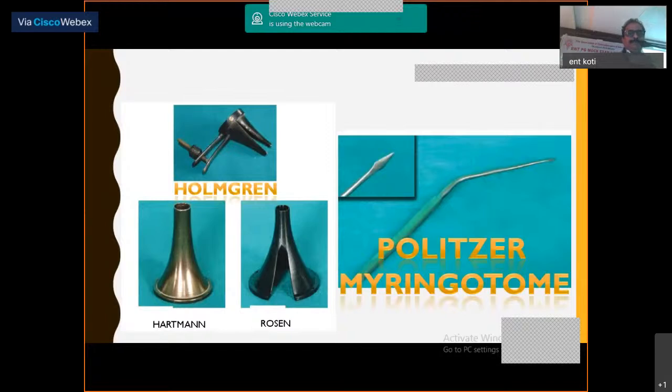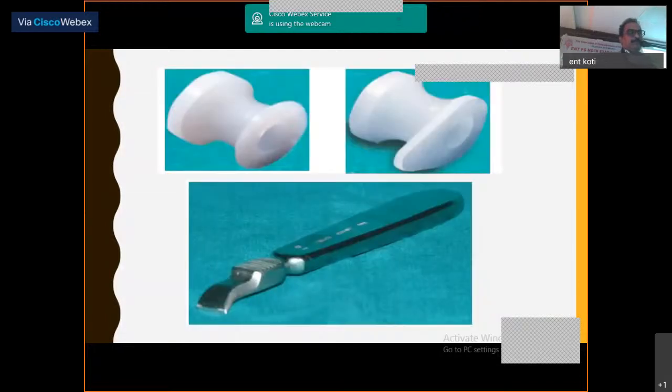Now, what are these? These are grommet tubes. What is this tube? That is Shepherd's tube and Shah's tube.